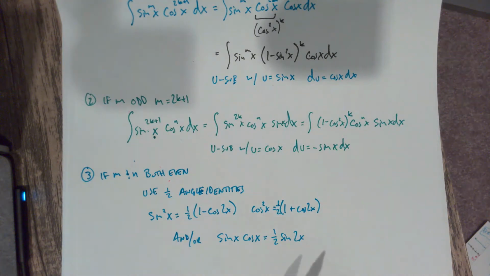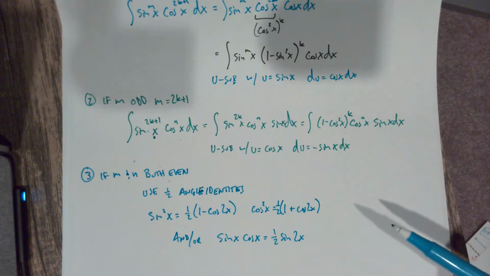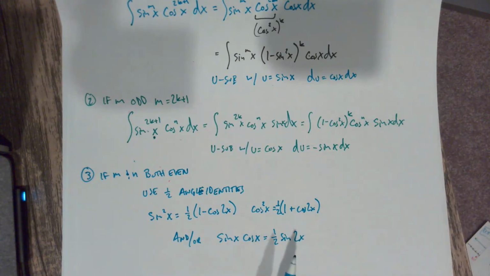Anything to reduce the power of cosine or sine so that we end up with a case that's easier to deal with, like where one of the numbers is odd. So that's one kind of situation, if you have sine times cosine and they both have a power attached to them.